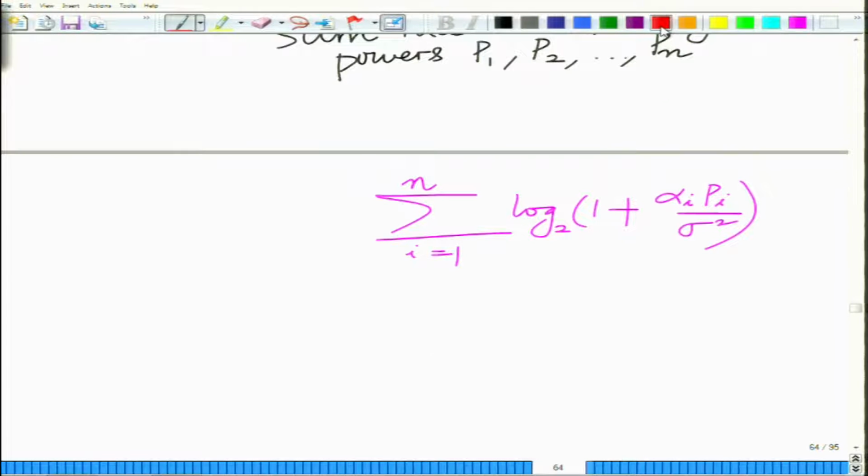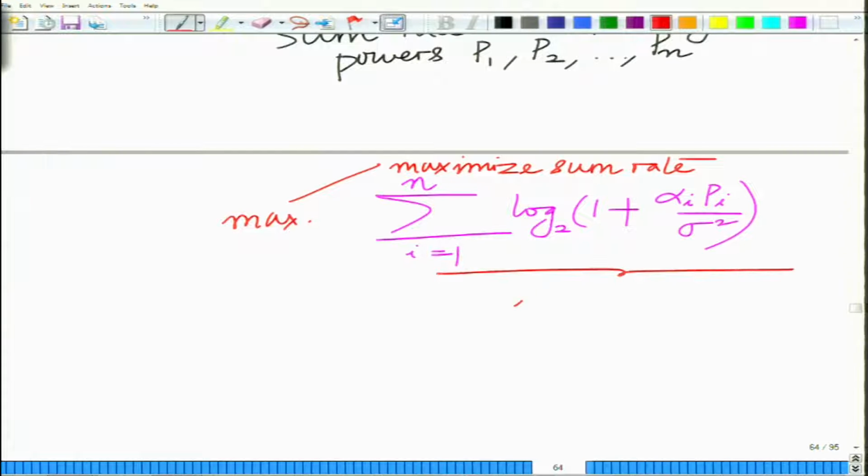And naturally, what we want to do is maximize this sum rate. This is your sum rate.